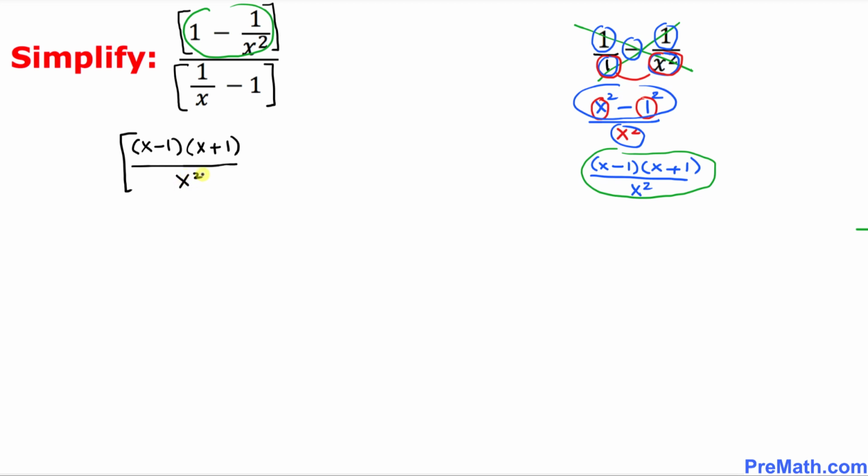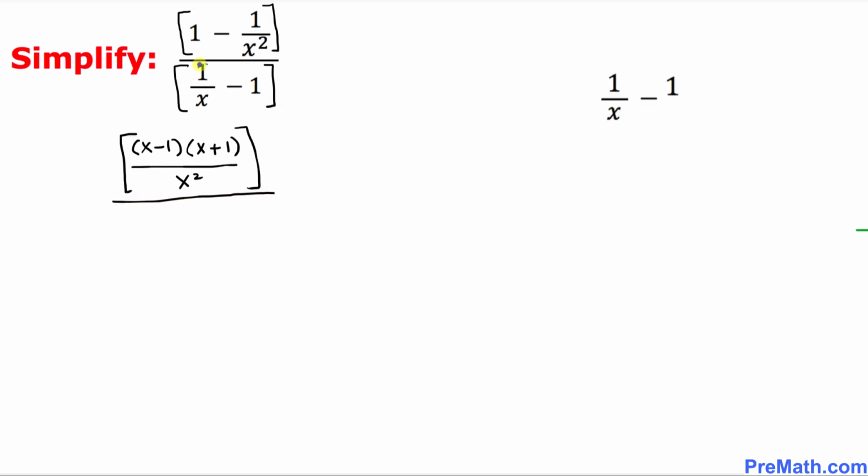x squared, isn't it? The top part comes out to be this one, and divided by, let's focus on the bottom part over here, which is this thing, 1 over x minus 1, which I just copied down on the right hand side as you can see.